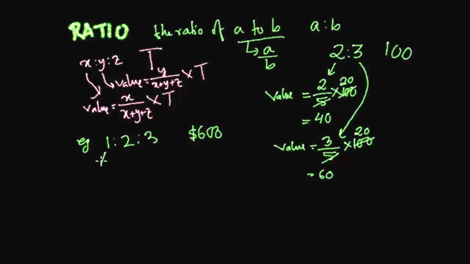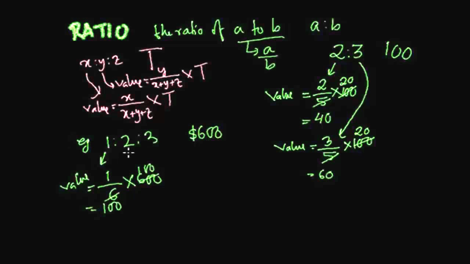Out of the total portions, 1 plus 2 plus 3 is 6 portions altogether. So the first person is getting 1 portion out of 6, so 1/6 of the total value, 600. The value this person, let me call him John, is going to get, if we cancel this off, is 100 into 1, which is $100.